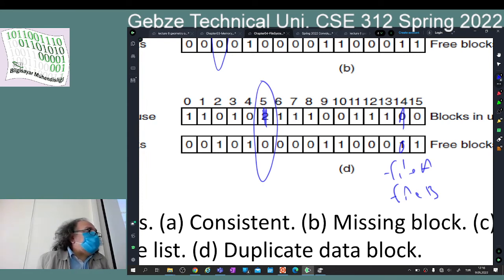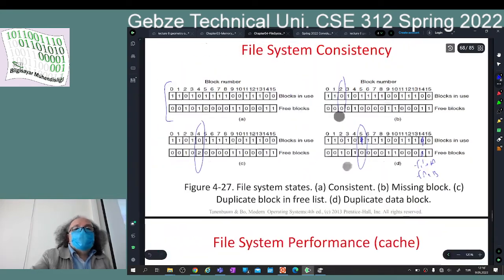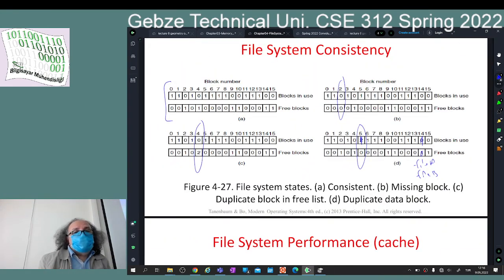And at the end, running these file system check utilities, you report all of this to the user. Unix does it from time to time. When you boot up your computer, it says that the last time you shut down your computer, it wasn't a proper shutdown. I am running this file system check. I have discovered this many unused blocks. I took backups of them. I made them available.